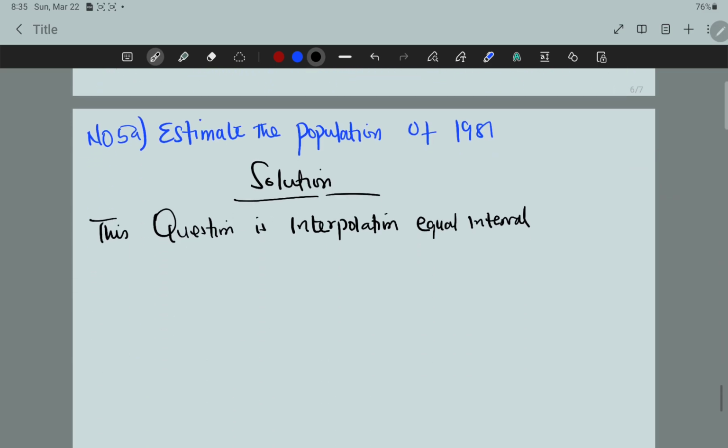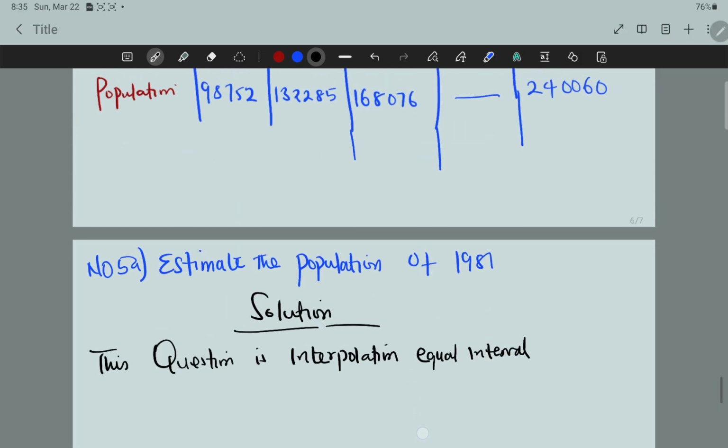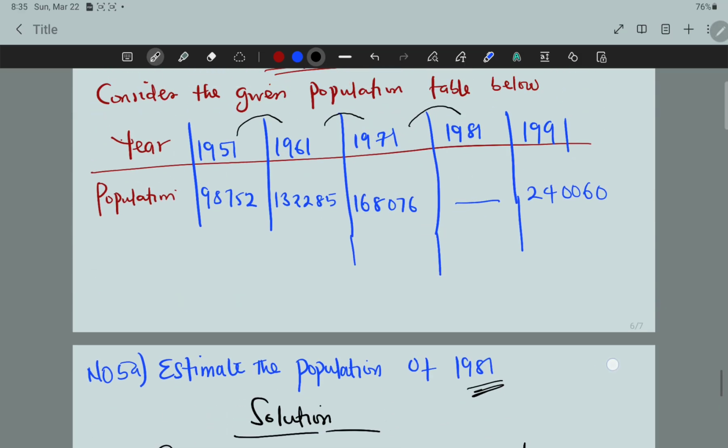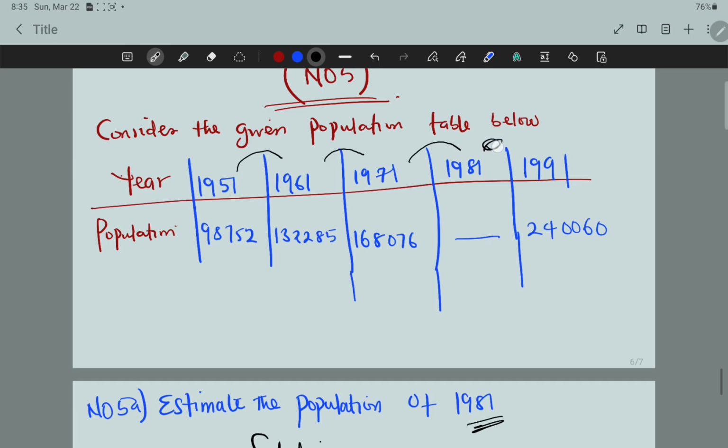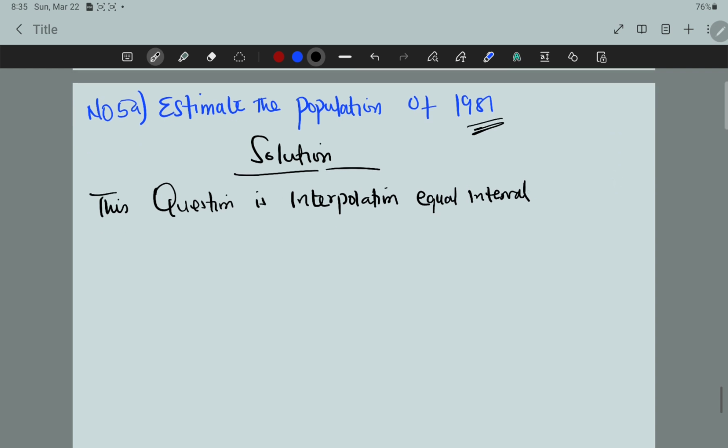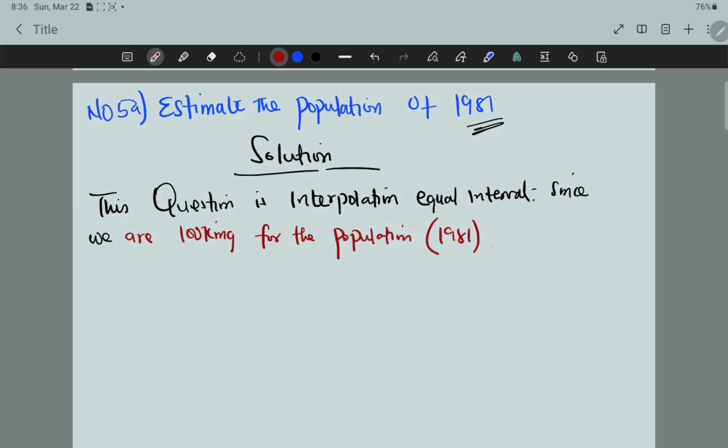All right, let's label now. Step 1: we are looking for the population of 1981, which is close to the end of the table.